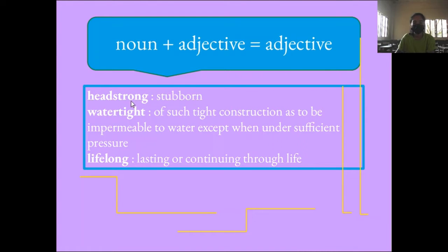The rightmost word in this compound is strong. So the word headstrong will belong to the adjective category because strong is an adjective and the rightmost word in the compound word.